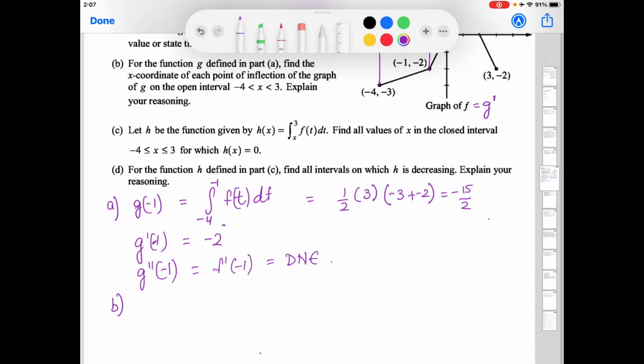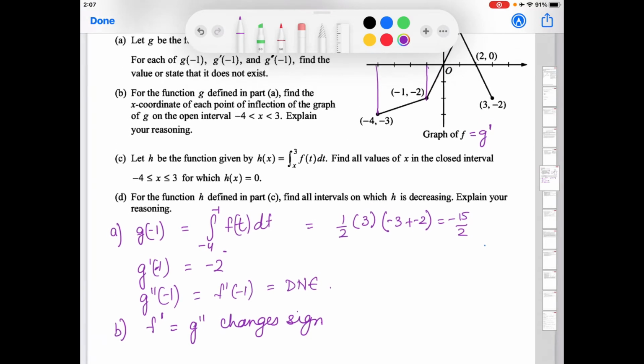A point of inflection happens if your f prime, which is equal to g double prime, changes sign. I like to write it like this, so that if you're confused between the f and g graph, you're being consistent and you're not going to lose any points for that.